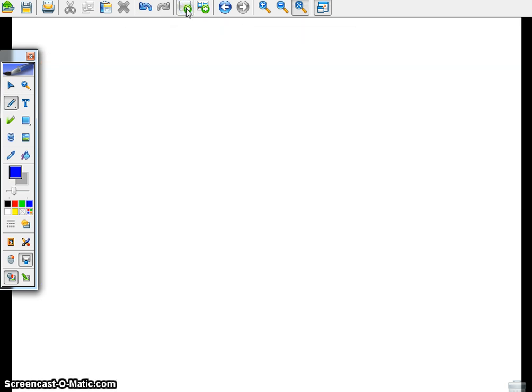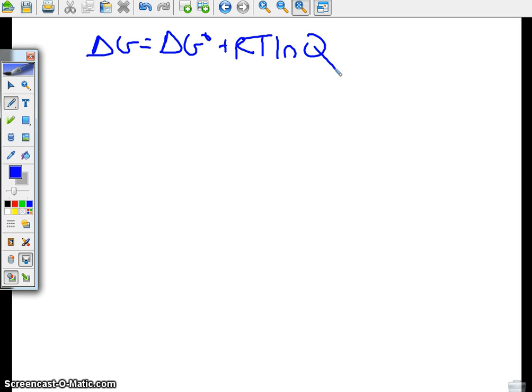All right, so we're now going to use delta G equals standard delta G plus RT ln Q, and we're going to plug everything in because now we know what Q is. Delta G equals, remember the standard delta G is on the other side of the equals.